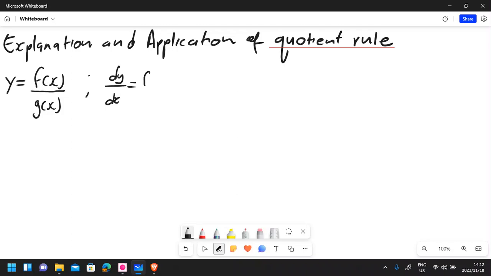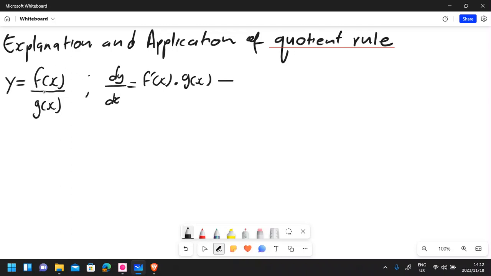You can write it as f prime of x, and then you multiply it with the function g of x. This time around, g of x is not differentiated, so it's going to be multiplied by g of x.